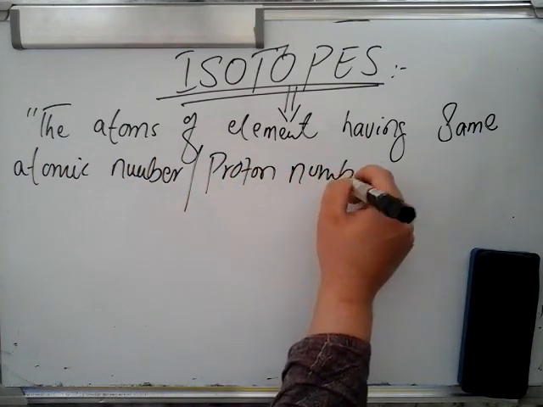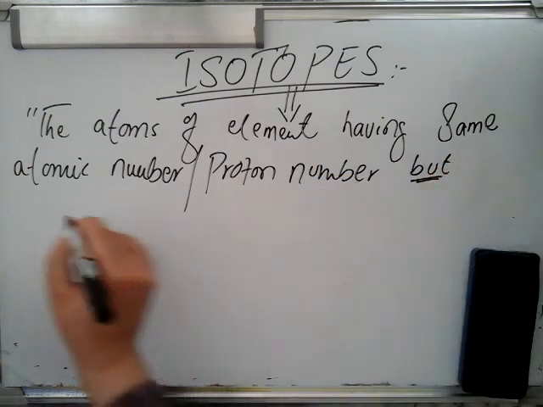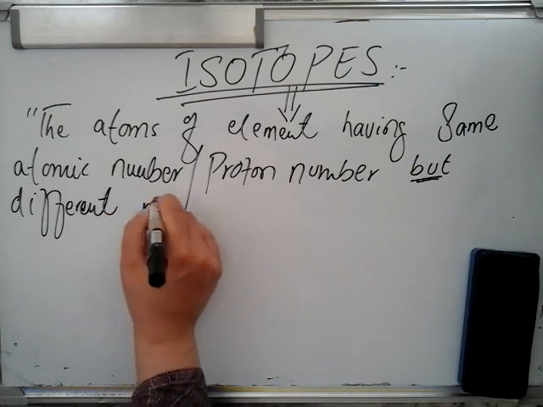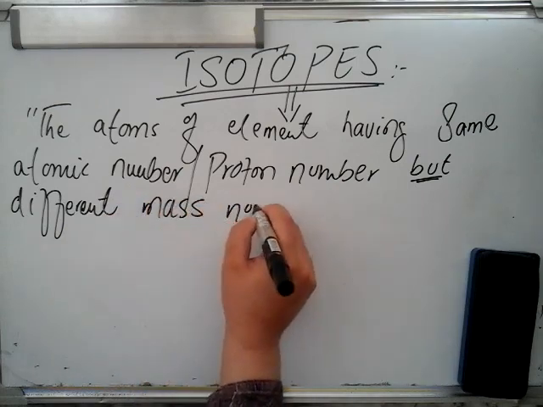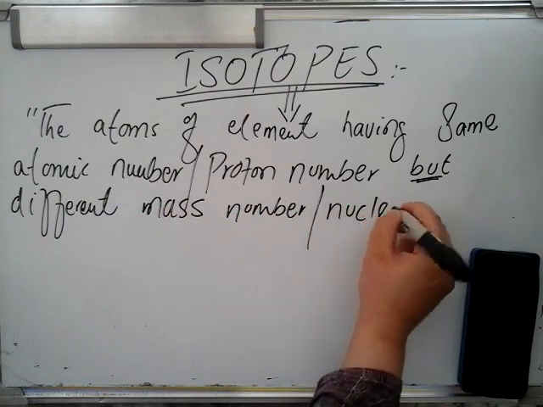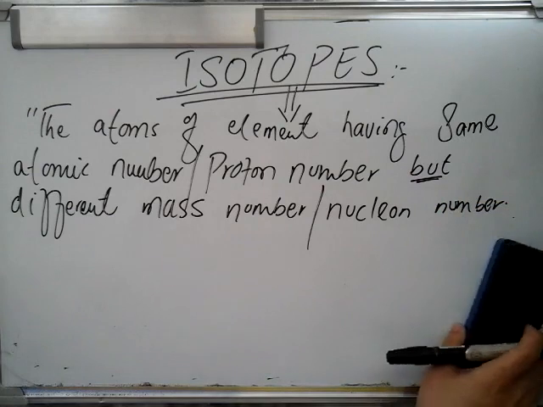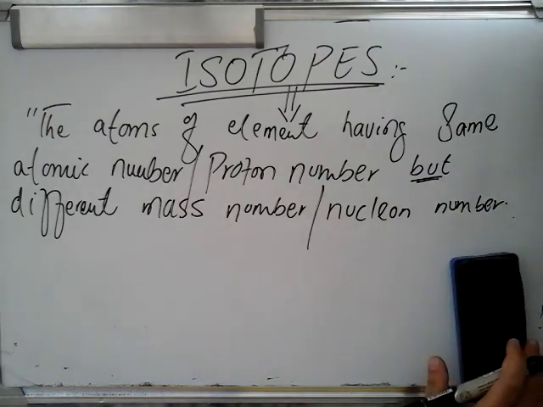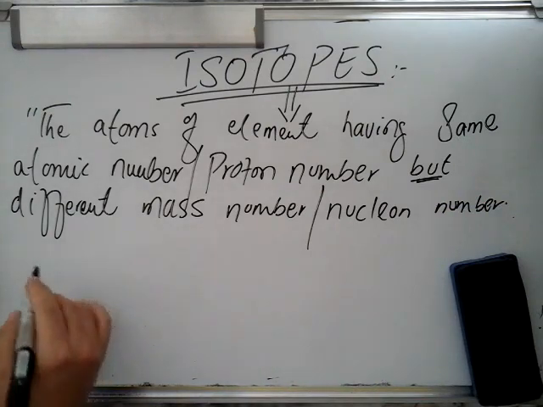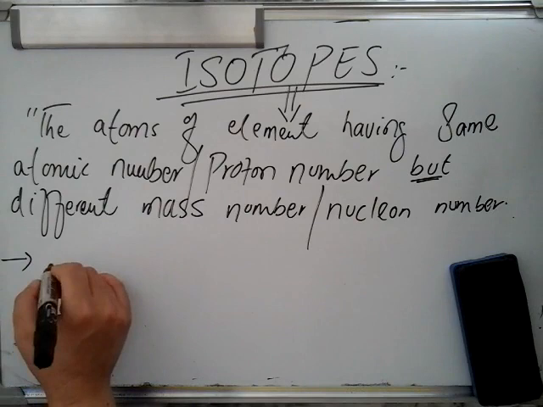Okay, because atomic number and proton number are the same, but different mass number or nucleon number. So an isotope can be defined as the atoms of the element having the same atomic number but different mass number. The different mass number is due to a difference in the number of neutrons.